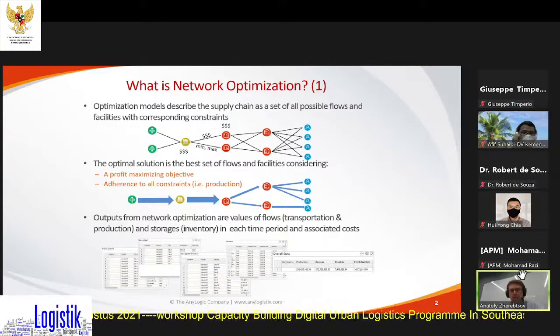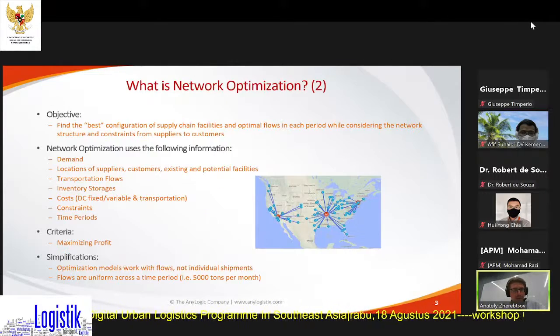And Anylogistix provides all this data after optimization. Again, a bit about the objective and the information required or available for optimization.